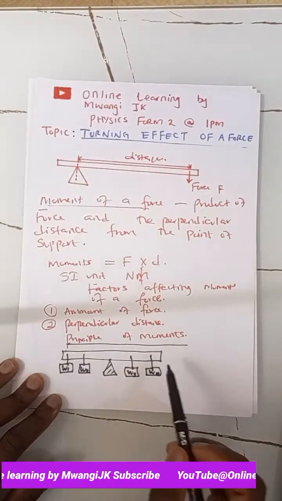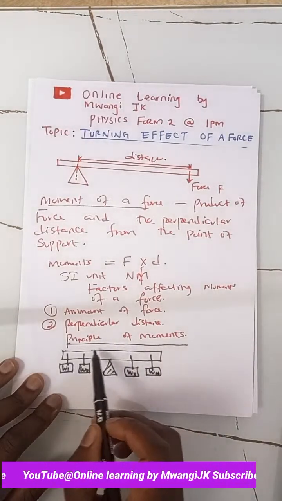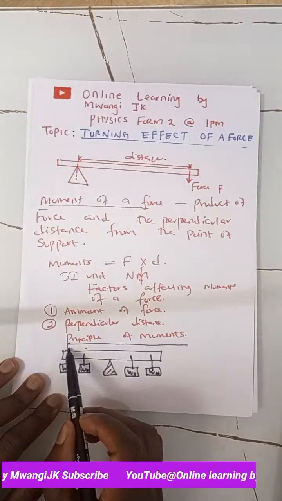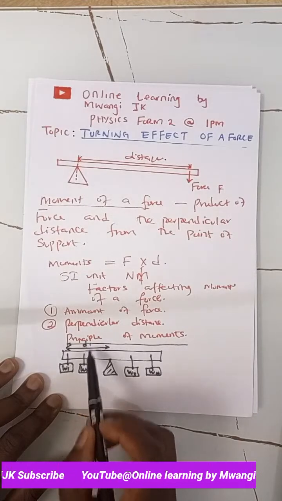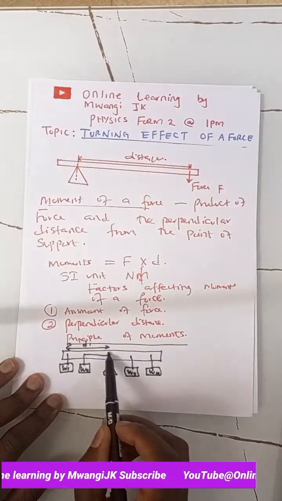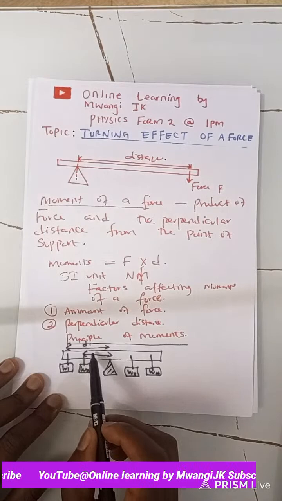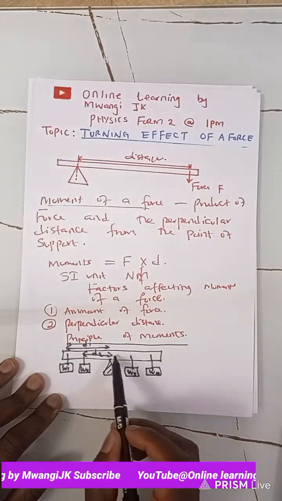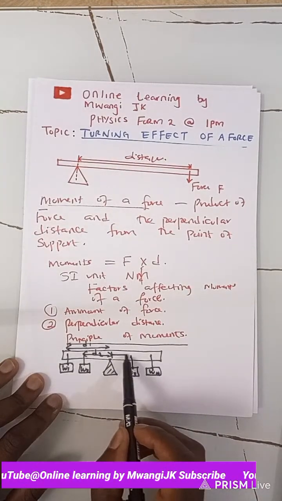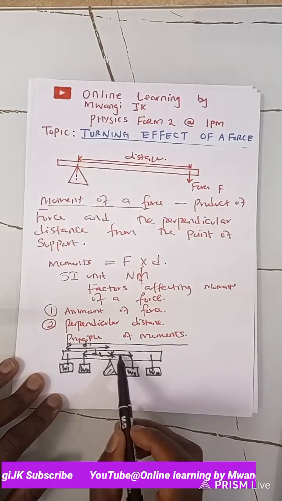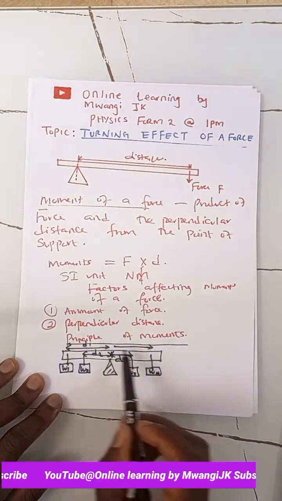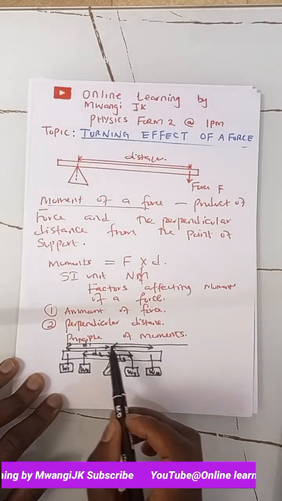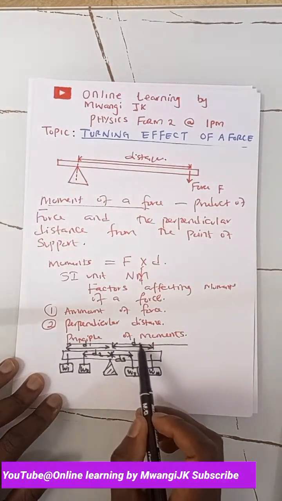Weight 1 has a distance from the pivot, d1, weight 2 has distance d2, weight 3 has distance d3, and weight 4 has distance d4 from the pivot.